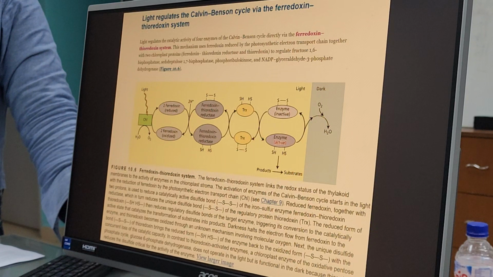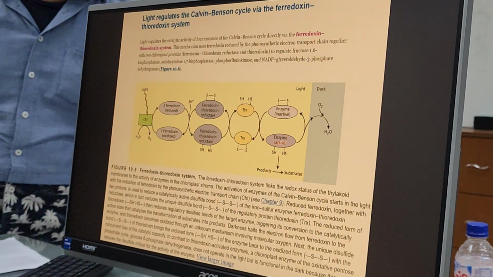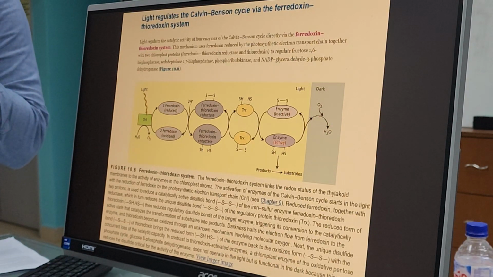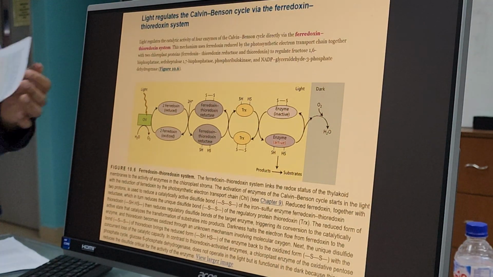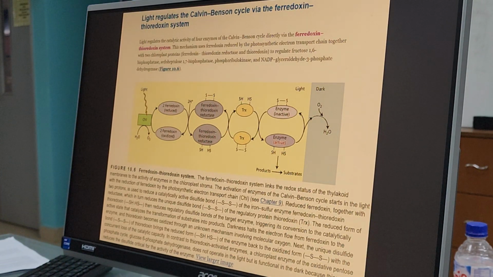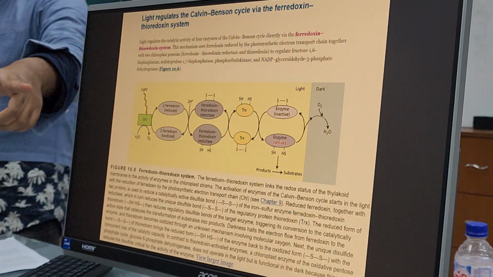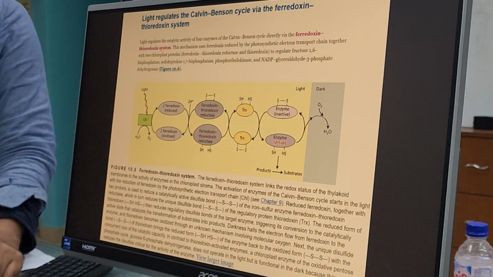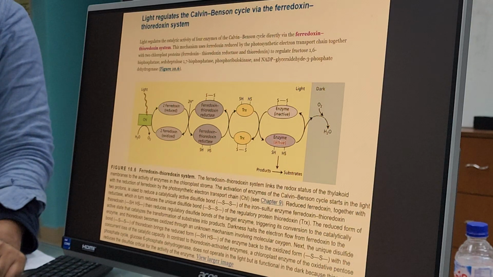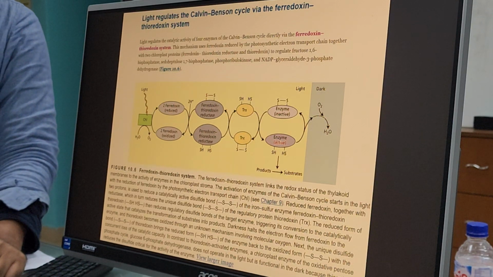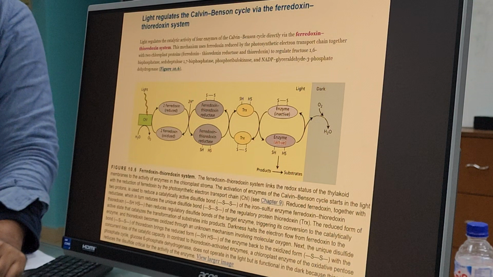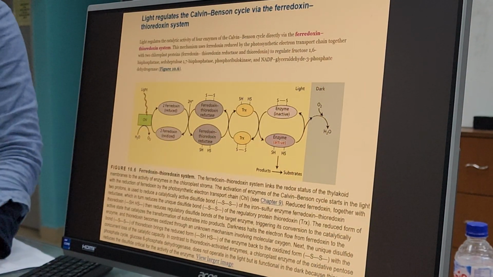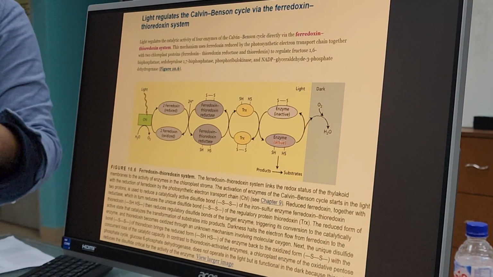If this enzyme is not activated, it cannot do all of these biochemical steps. Not possible, right? So why does it say that this needs light? Who's driving the movement of this electron? Light reaction. So the more light that you have, the faster the electron transport is going to be, the more of this enzyme will be reduced. Okay, more and more of it.